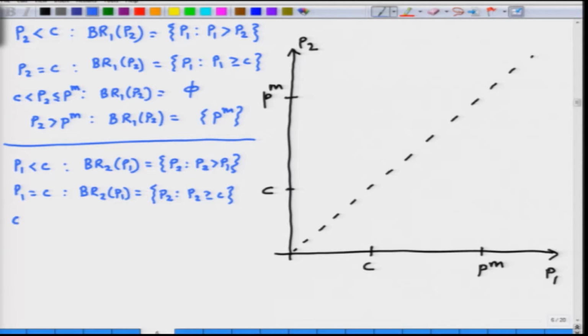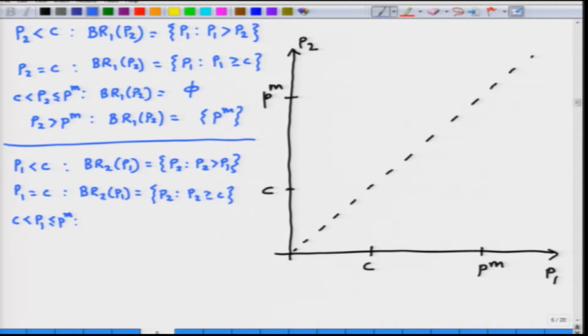Similarly, if firm 1 is choosing a price between the marginal cost and up to the monopoly price, take the extreme where firm 1 is exactly choosing the monopoly price. If I am firm 2, I would want to undercut firm 1 by the tiniest possible amount. So, I would price at P1 minus epsilon, but as we discussed a little while earlier, there is no such optimal epsilon.